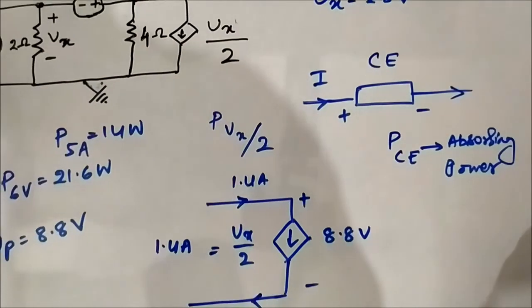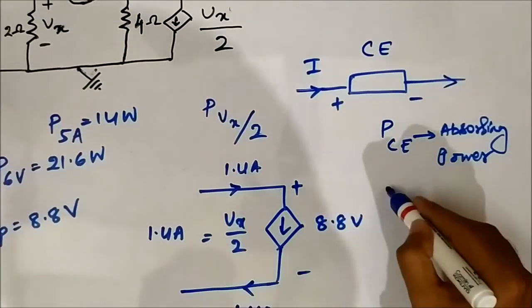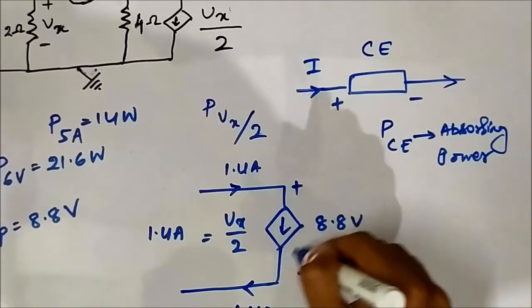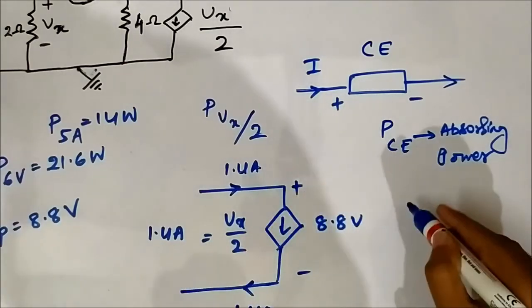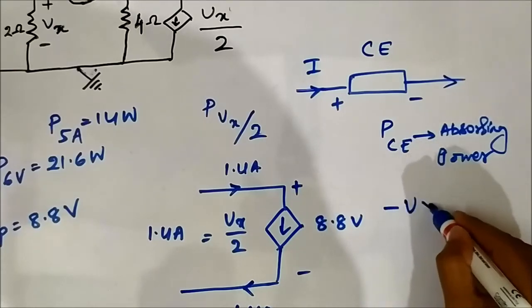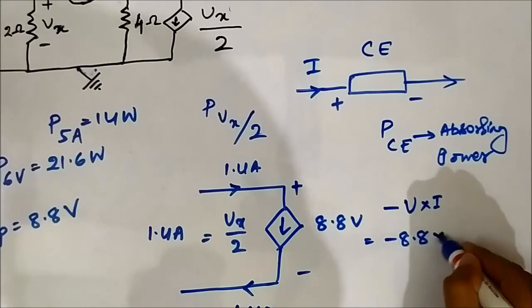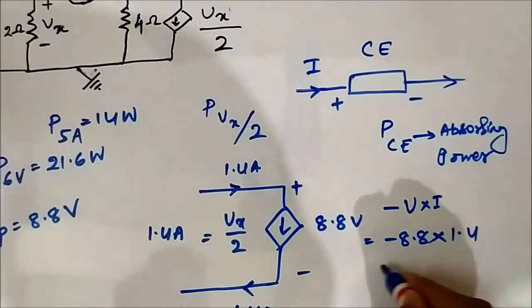So the power absorbed by this element we can write in a negative way as minus V into I, which is equal to minus 8.8 into 1.4.